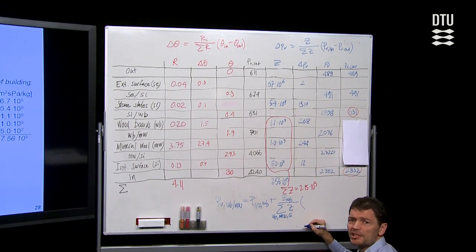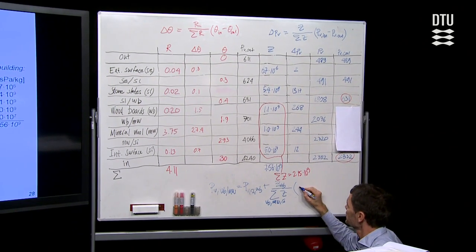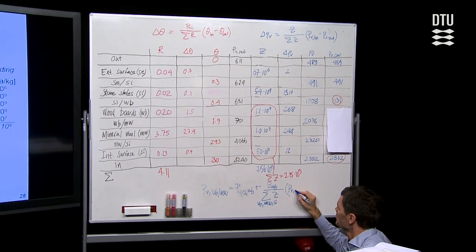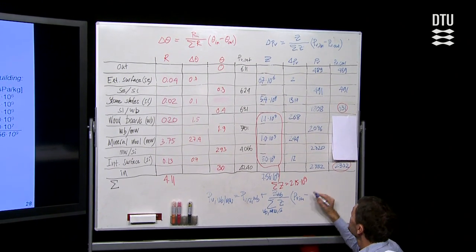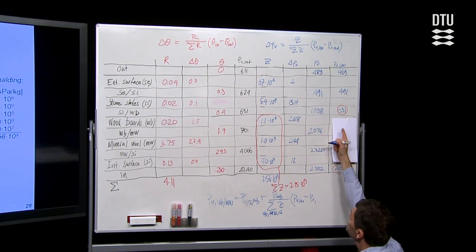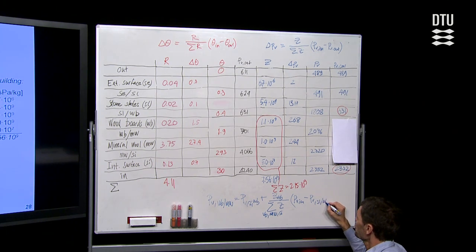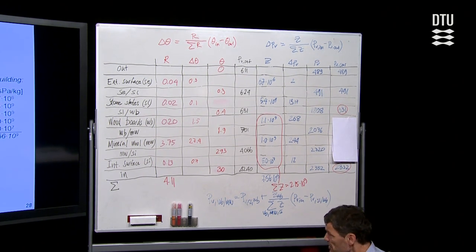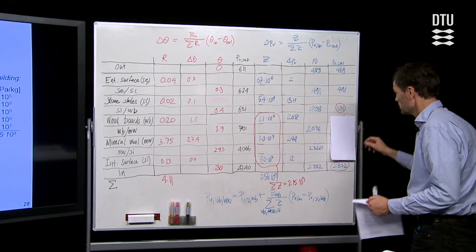And that I should multiply with the vapor pressure difference between the interior, which I had there, that was the 2,332, and then the point where we had the condensation, so the vapor pressure there, at the interface between slates and wooden boards.